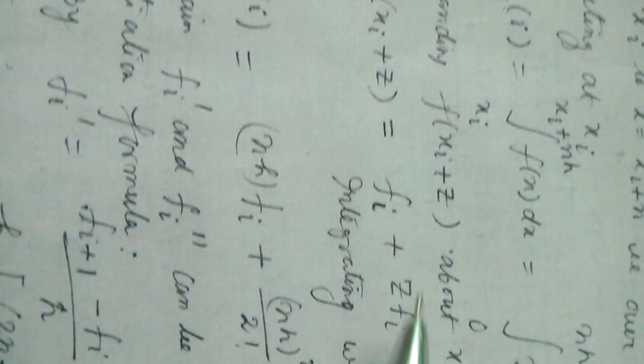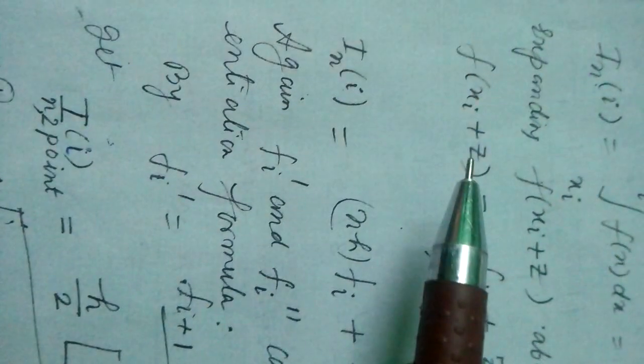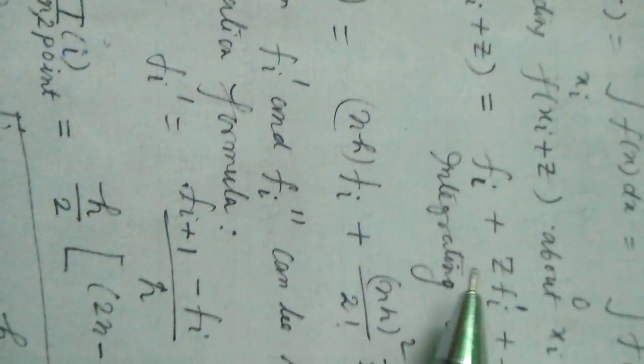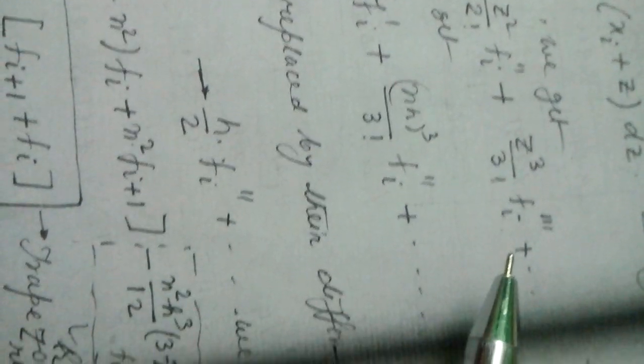This is equation 1. Expanding f(x_i plus z) about x_i, we get f(x_i plus z) equal to f_i plus the Taylor series terms, that you know already.